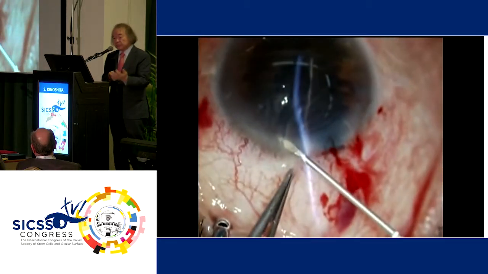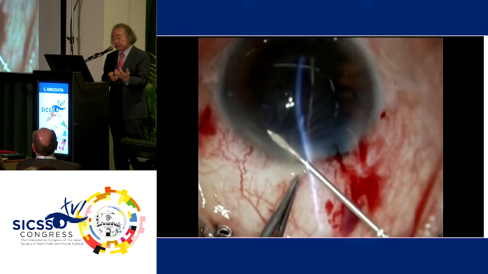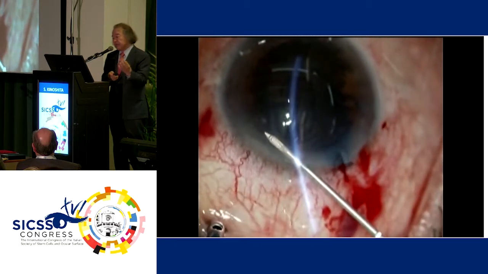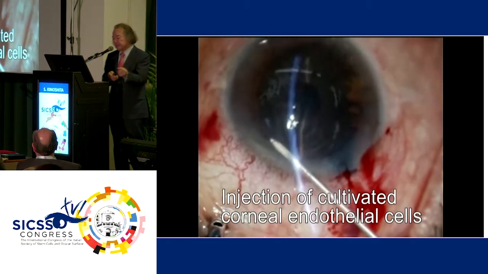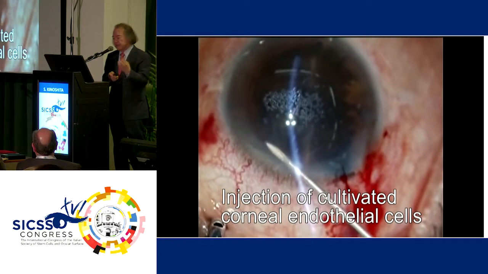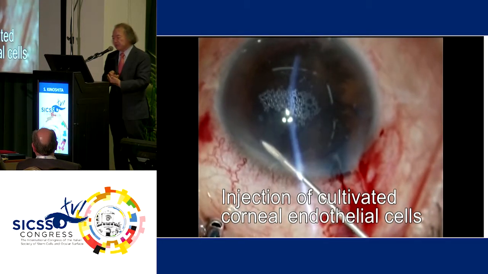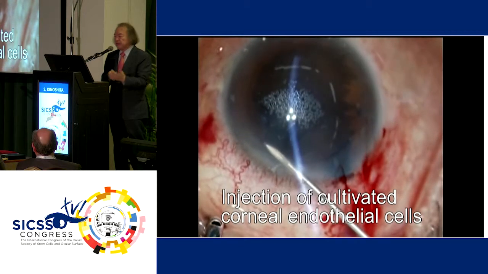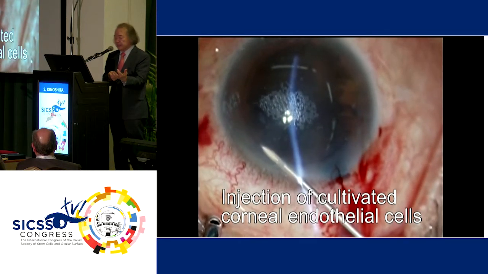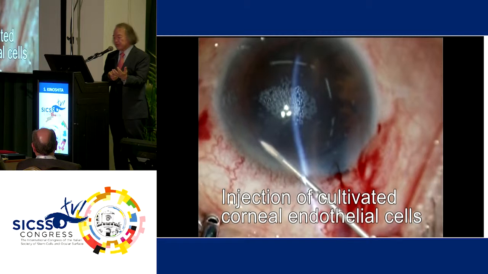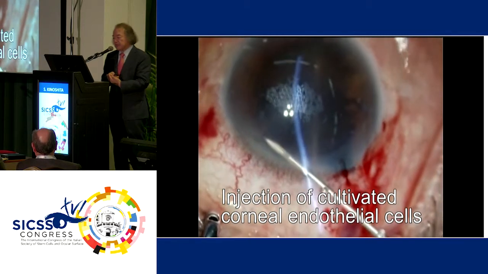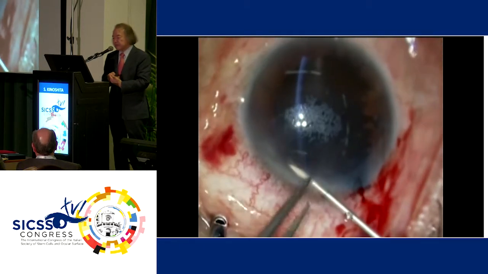In this case we use a 25 gauge needle, because a 30 gauge needle would destroy the endothelial cells in the suspension. So we use a 25 gauge needle, 300 microliters, and immediately after the cell injection the patient holds the face-down position.